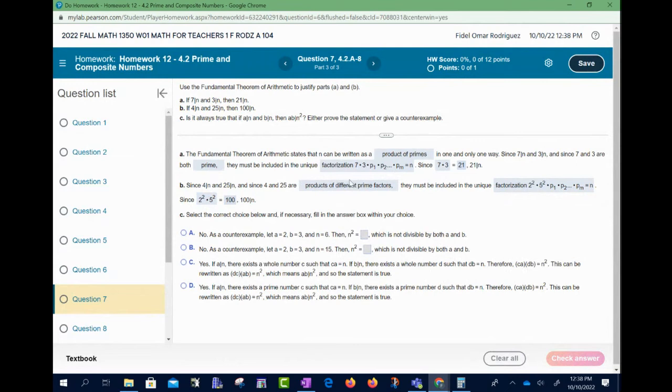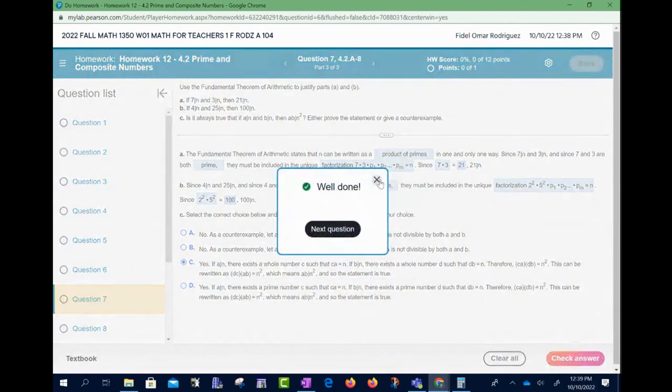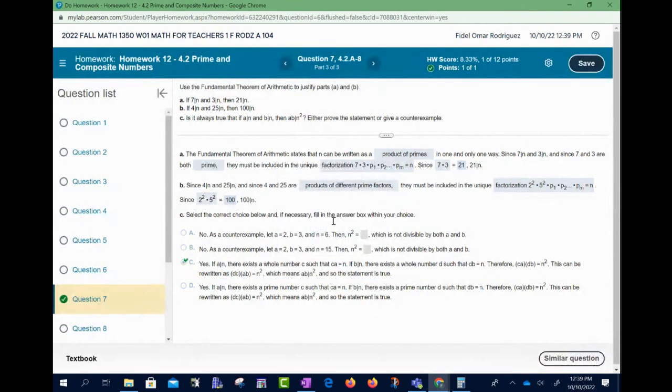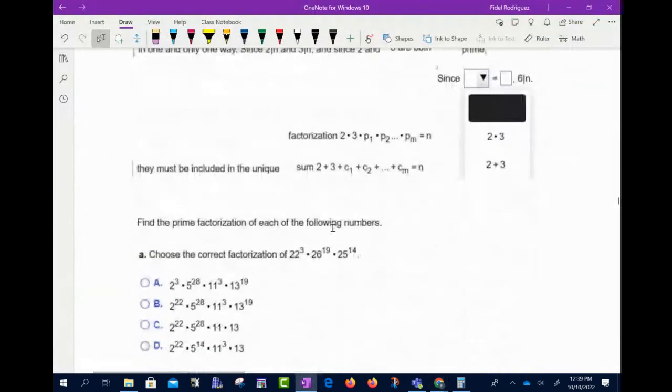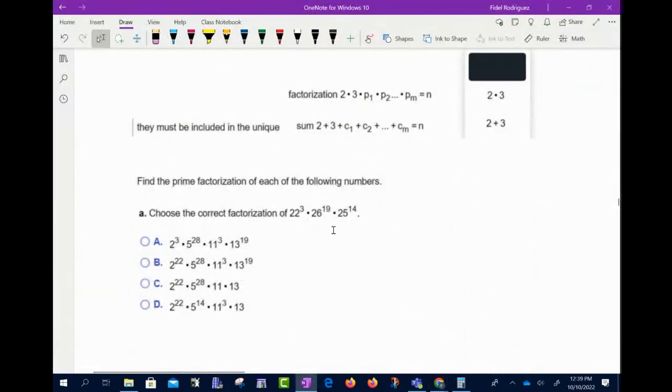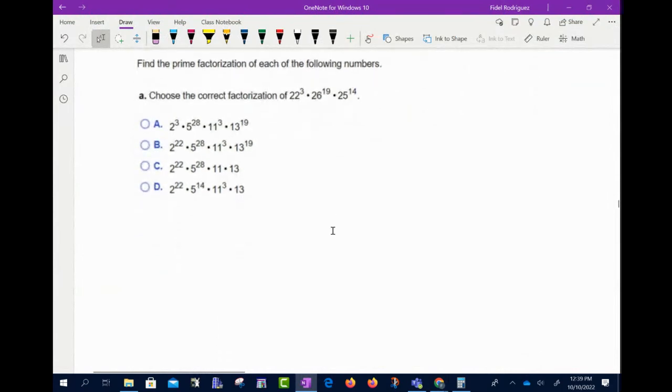Okay, so it says, is it always true if A divides n and B divides n, then A times B divides n squared? Yes, there's always going to be a whole number, guys, a whole number so that we can divide this thing out. I'm going to check it, and we're good. Okay, so I just kind of wanted to go through that one problem. Again, it was a little messy when I did it here, so I wanted to make sure that we were good on this one. Okay.